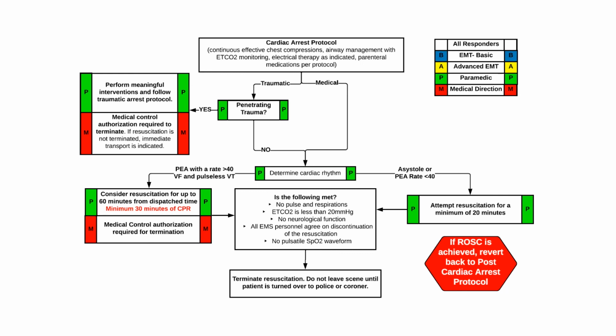So in those patients, we perform the meaningful interventions for the minimum required time based on the rhythm, because if it's blunt trauma and they have a PEA rate greater than 40, well, we probably don't want to terminate that patient because there's a good chance that their heart could be beating. We just have to fix the obstruction or the loss of volume.